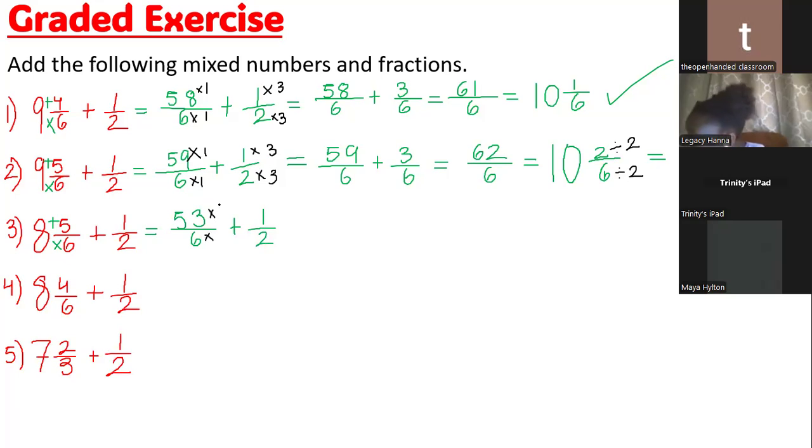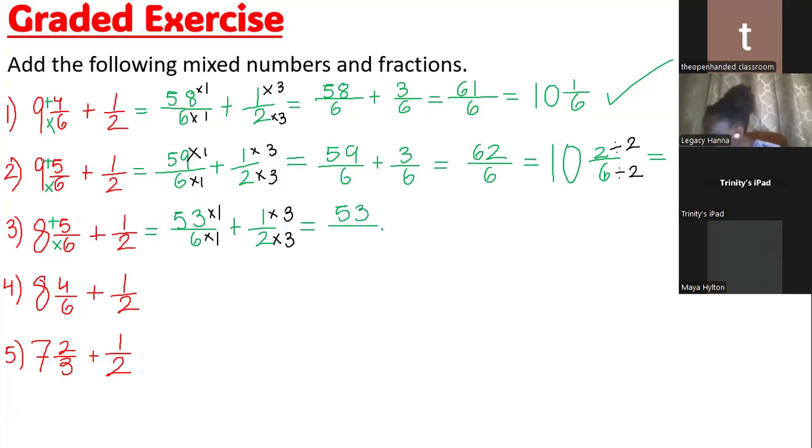So 53 and 1 times 3. Then we add that, and it's 56 over 6. And then we divide it, which gives us 9 and 2 over 6.